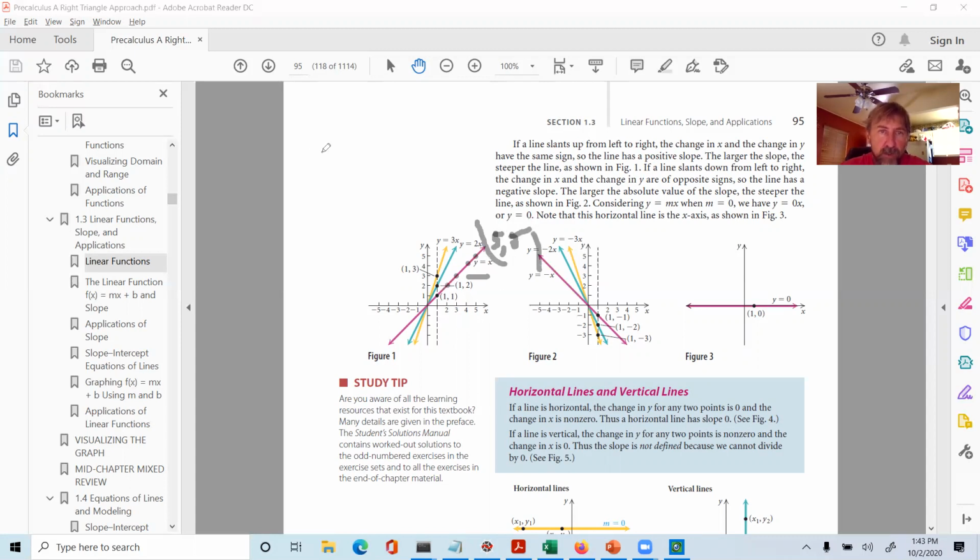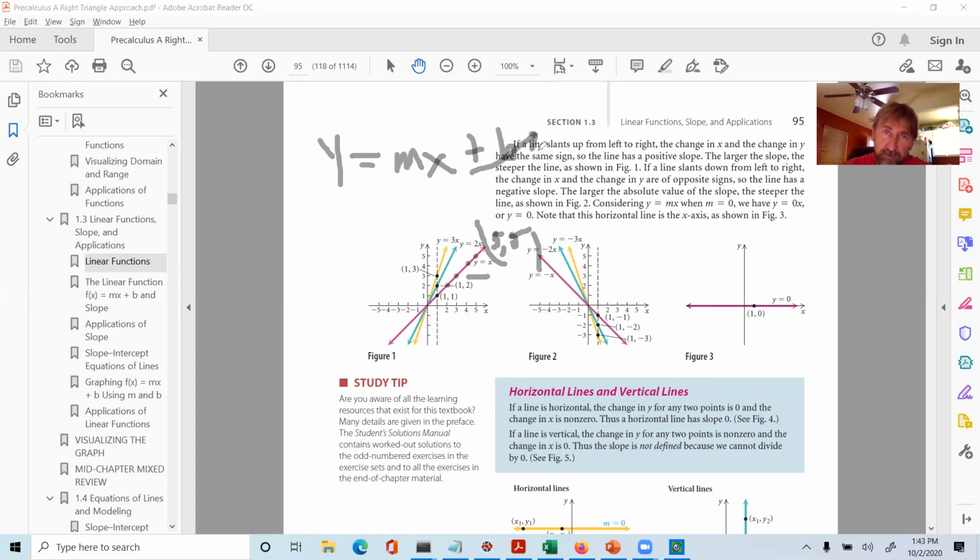Remember we have our equation of a line, y equals mx plus b. That's our general equation of a line that we've been working on. Well, our b here is 0, because we go right through 0, 0. When x equals 0, y equals 0, by the definition they gave us, y equals x, that means b is 0.